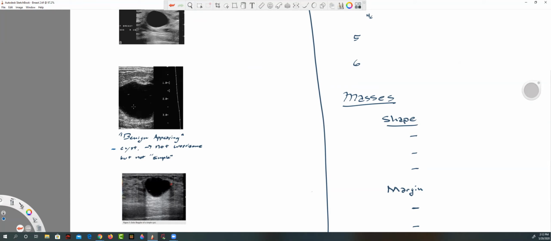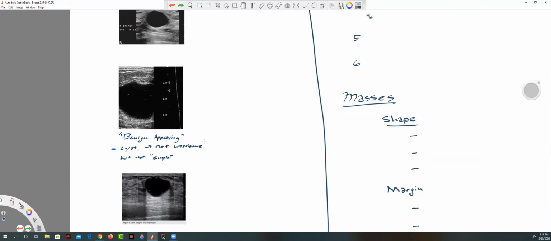It is not completely simple. You see, there's little things floating around in this cyst. So it's not 100% simple, but it's still benign. No one's going to look at this and say, "Oh gosh, there's something going on there." So, not worrisome, but not simple either.